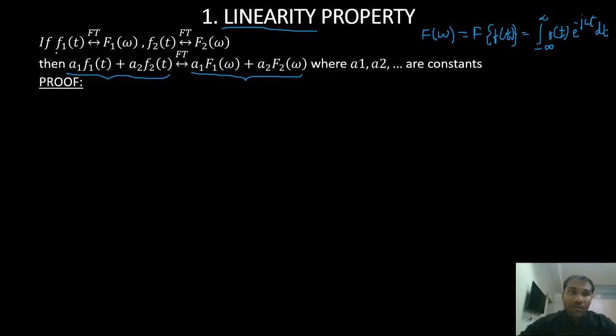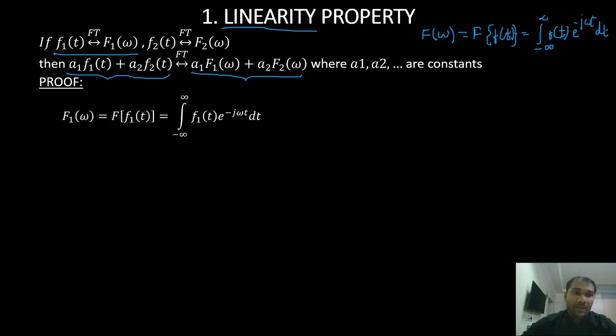Now we have f1 of t and F1 of omega as our Fourier transform pair. So we'll just substitute these functions in place of F of omega, f of t. So what we will get, F1 of omega is equal to Fourier transform of f1 of t, that is equal to integral minus infinity to infinity f1 of t e power minus j omega t dt, right?